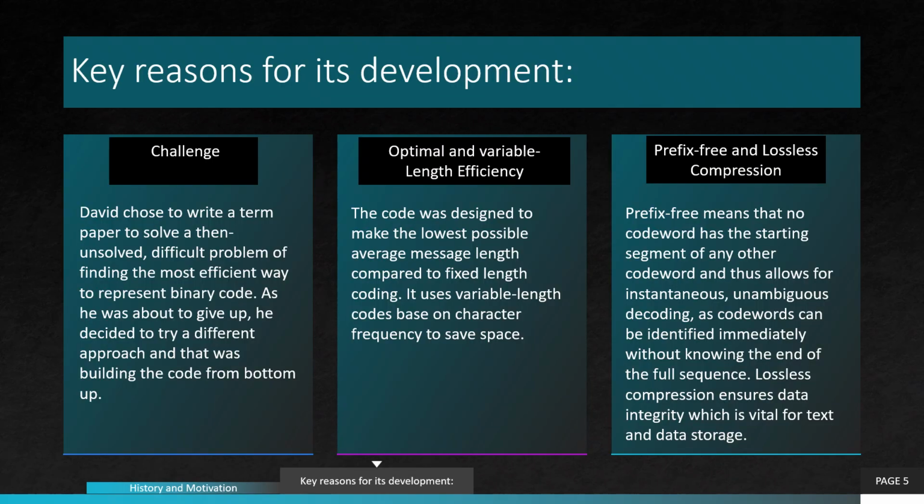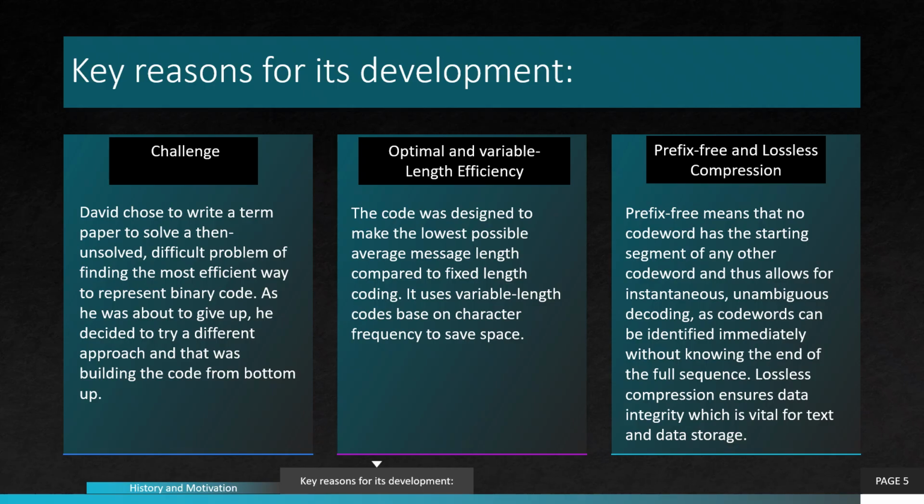So, going over the key reasons for the development of this Huffman coding, as I have mentioned in the previous slide, about him choosing to write a term paper. It was a challenge for him to solve this difficult problem, which he didn't know at the time that it was that type of problem.